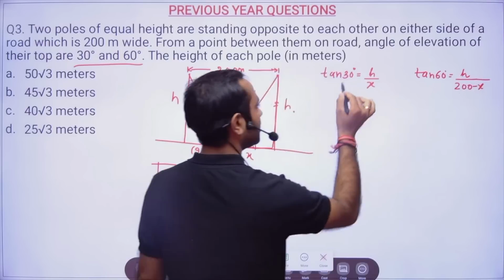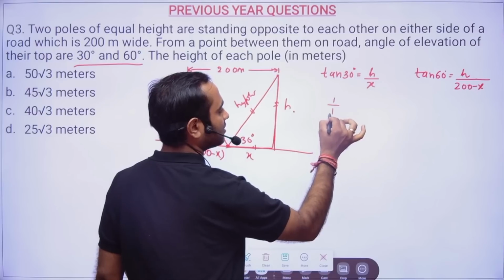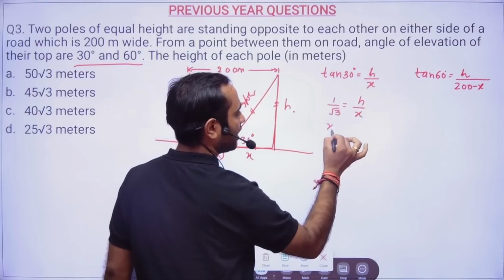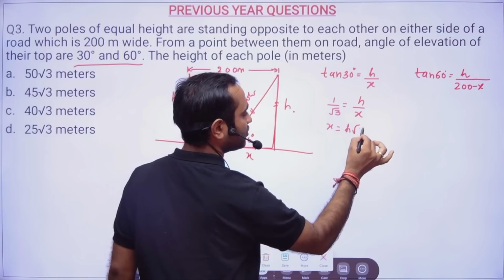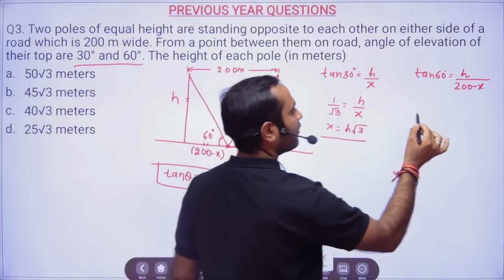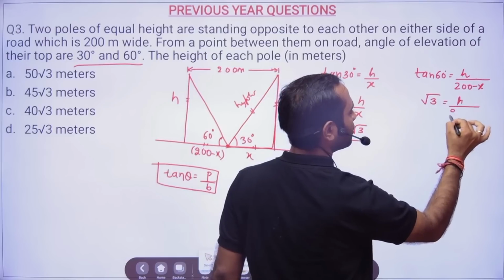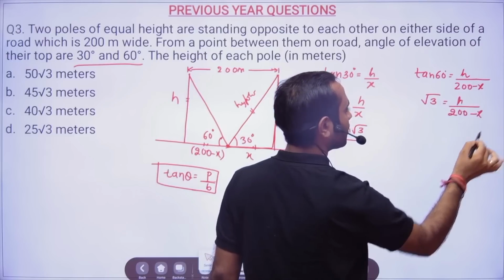Clear? Okay. Tan 30, the value of tan 30 will be 1 by root 3, equals h by x. So x will be equal to h root 3. Now here, tan 60 value will be root 3, equals h divided by 200 minus x. Okay, fine.